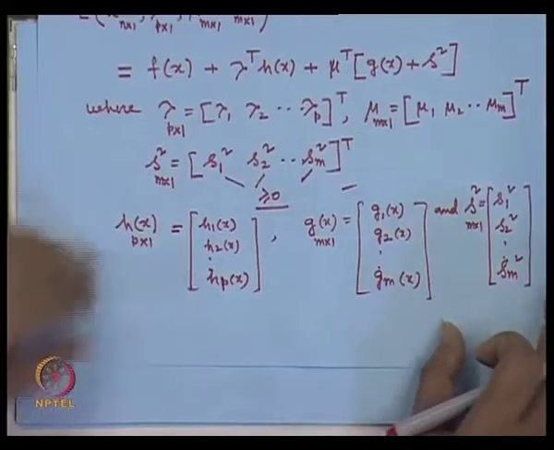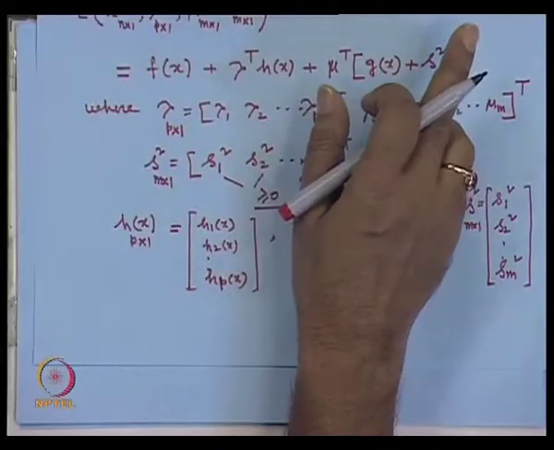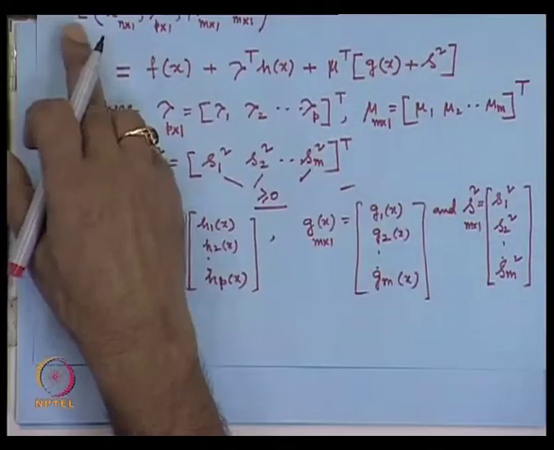So, now once I have got the unconstrained optimization problem, instead of minimizing f, now I am minimizing L, and we have embedded the inequality constraint and equality constraint in the objective function.